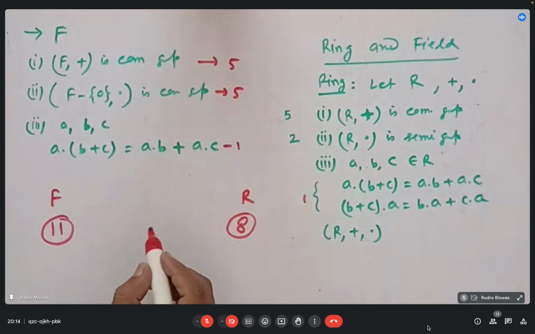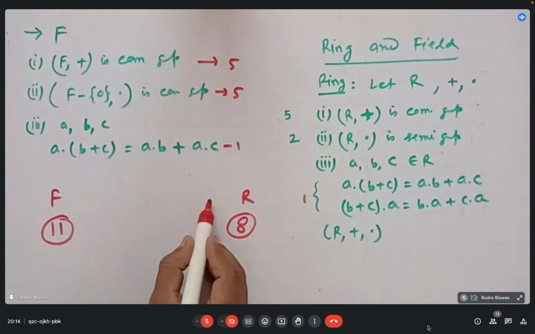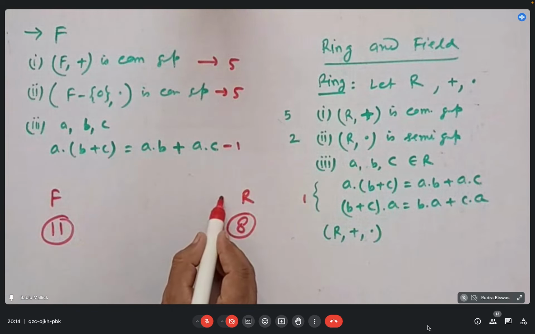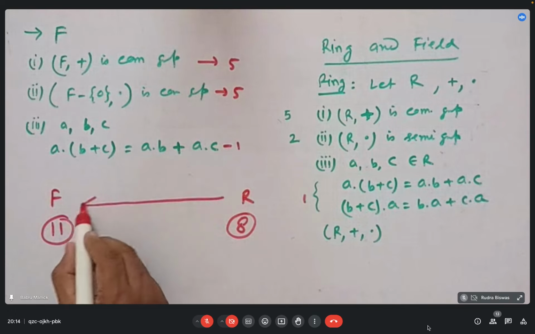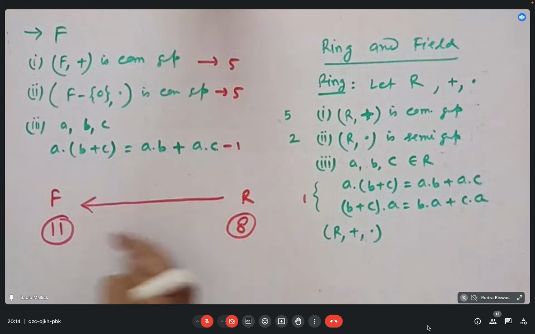Now in your question paper you will get this type of question. Suppose a ring is given, you have to check whether it is a field or not. How can I check? How can I find it?